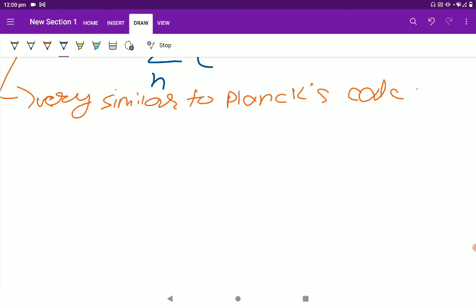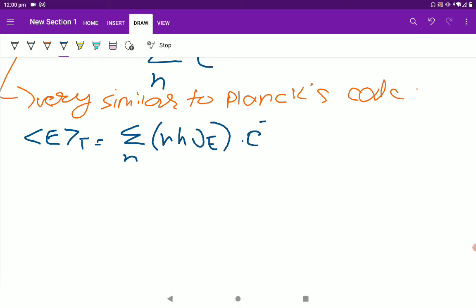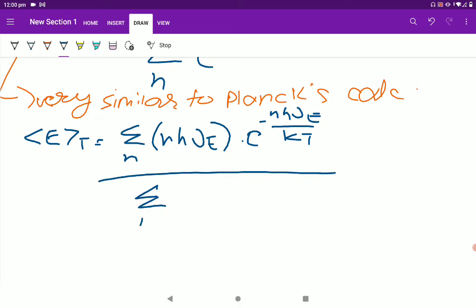So in the 1D quantum harmonic oscillator, the energy is represented in this fashion. Let me rewrite. Summation over n multiplied by the probability, and we have to normalize it. After further simplifying, we get something similar in this fashion.